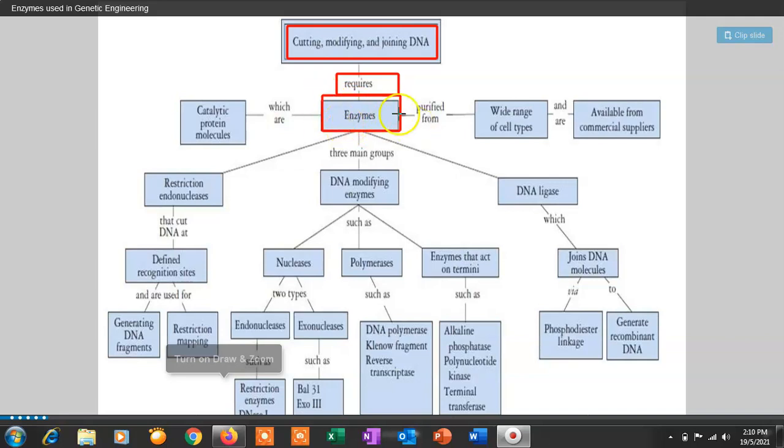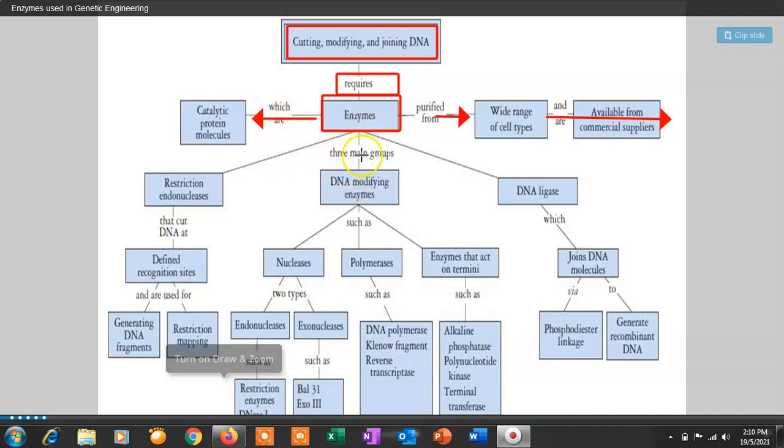These enzymes are purified from a wide range of cell types, and they are also available from commercial suppliers. These enzymes are catalytic protein molecules, because we know that all enzymes are protein in nature.